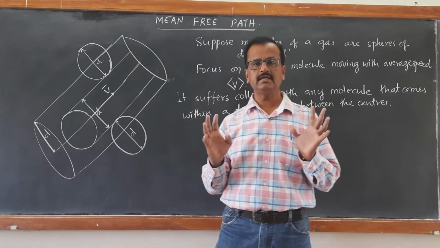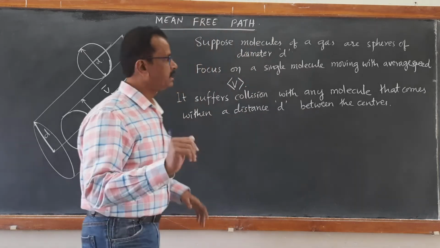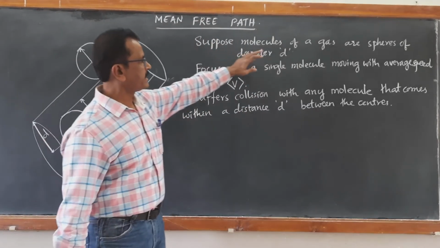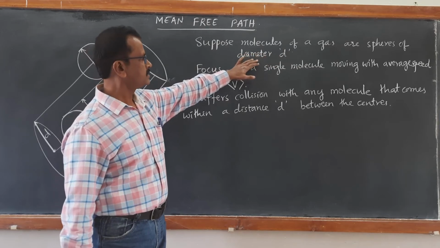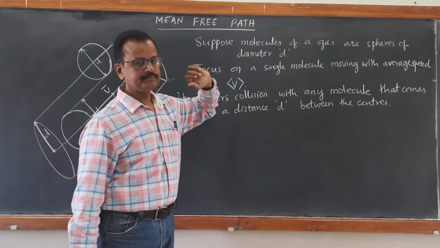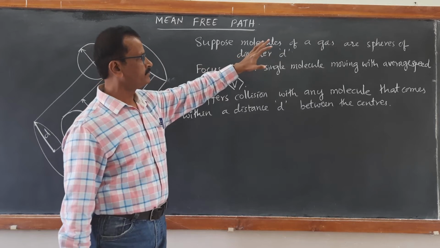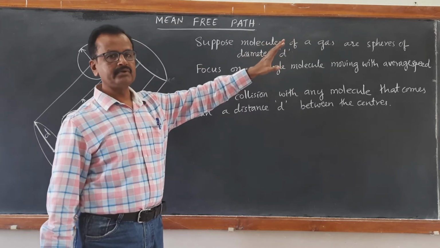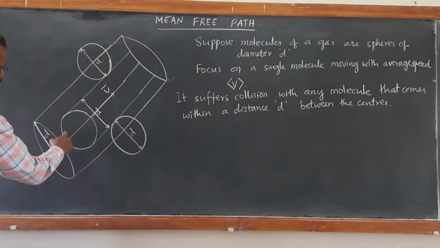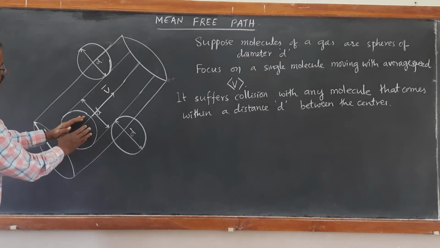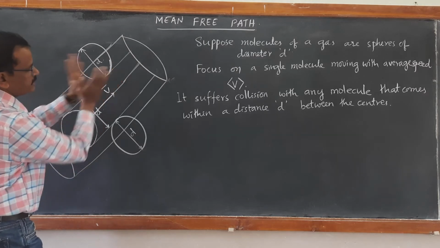Suppose the molecules of a gas are spheres of diameter d. Let d be the diameter of each molecule of the gas. Now focus on one single molecule, which is moving with average speed v bar.